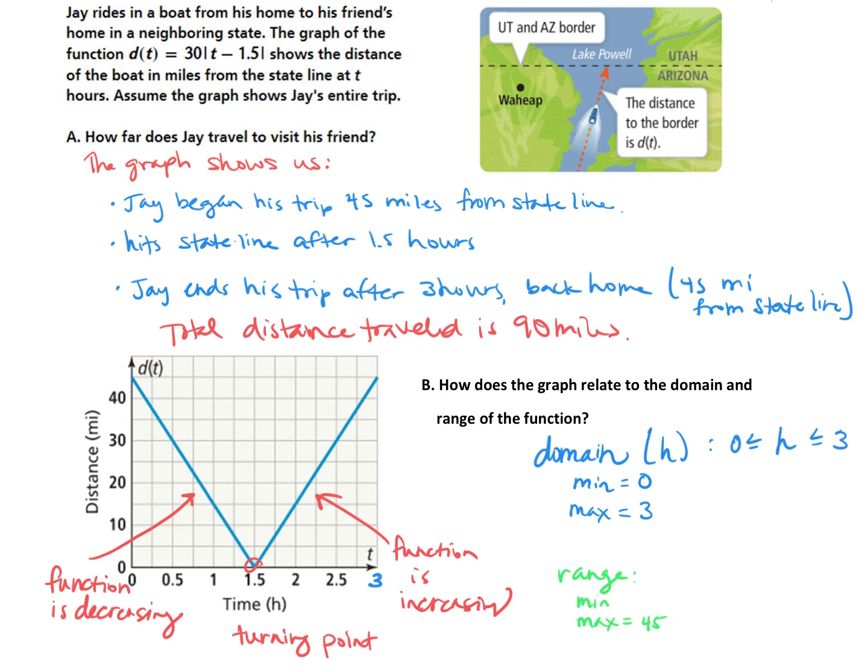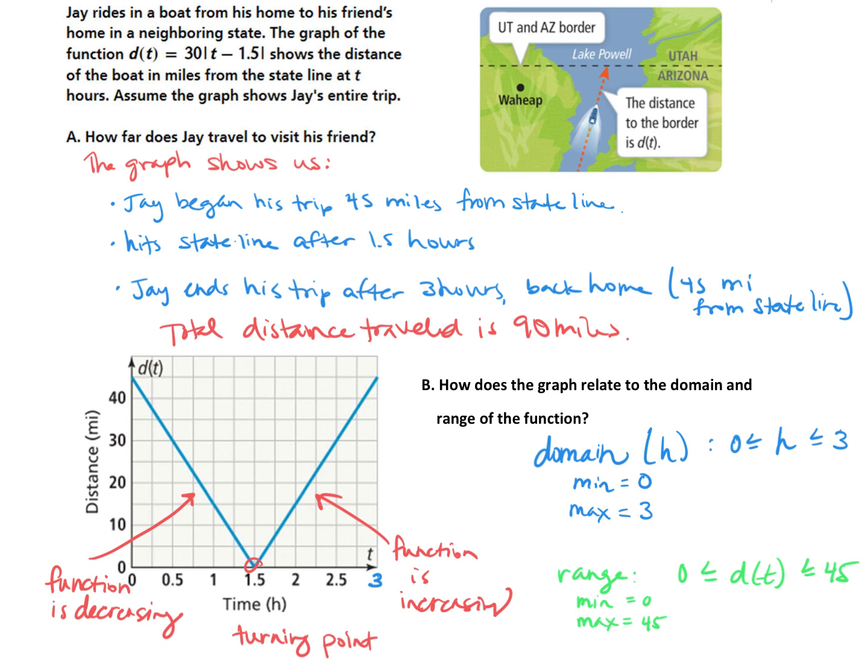So our minimum range value is 0. And our range is minimum is 0, maximum is 45. And we can have any mileage in between there. So our range is going to be 0 is less than or equal to our distance, I'm going to say d of t because that's our function for distance, which is less than or equal to 45.